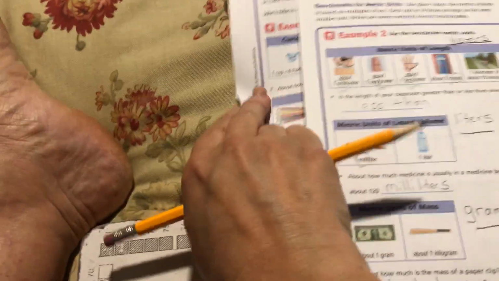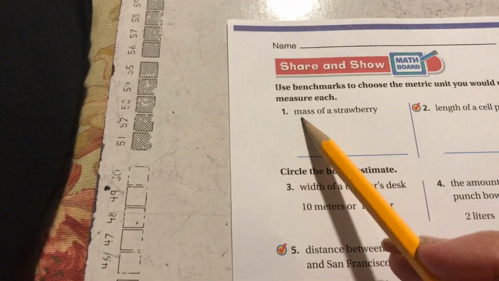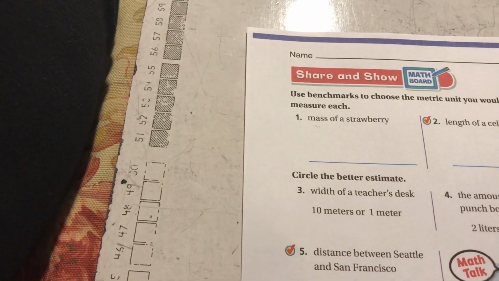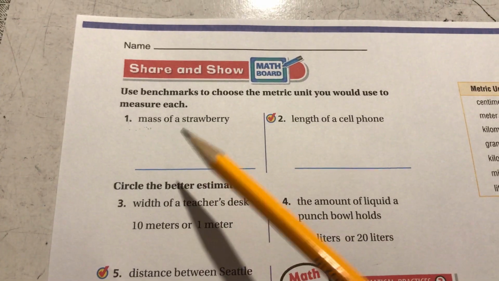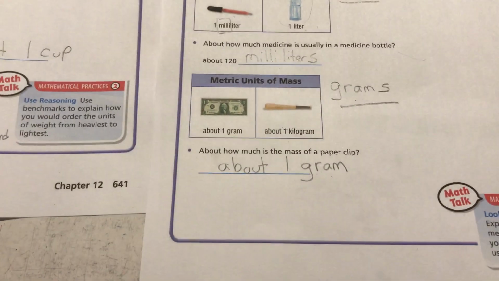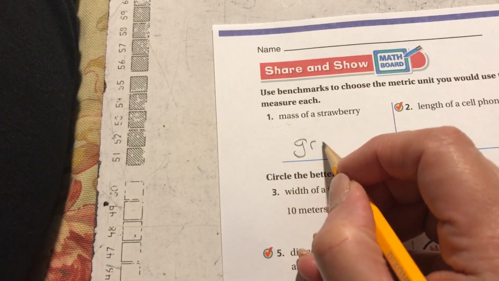I have my other two pages in front of me because those are good reference sheets. So the mass of a strawberry, well, looking back here, that would be either a gram or a kilogram. So obviously that answer is going to be, you got it, gram.